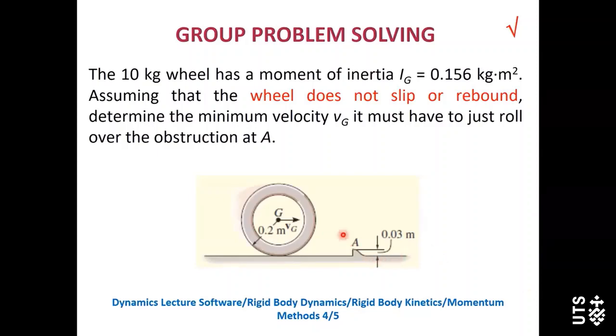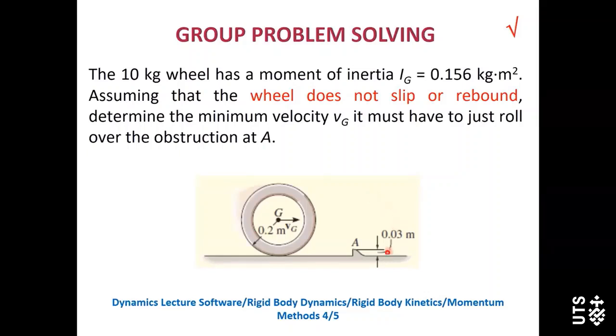It is not mentioned in this problem, but we can reasonably assume the acceleration on the wheel is 0 before it hits the obstruction at point A. So the first state, state 1, can be the instant immediately before the wheel hits the obstruction. The second state, state 2, can be the instant immediately after the wheel hits the obstruction.